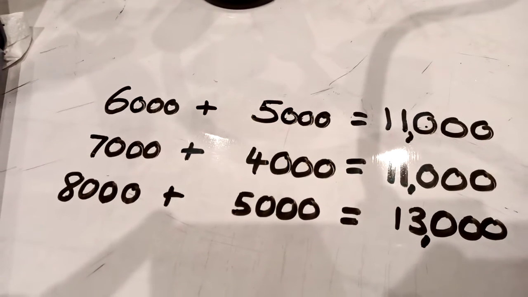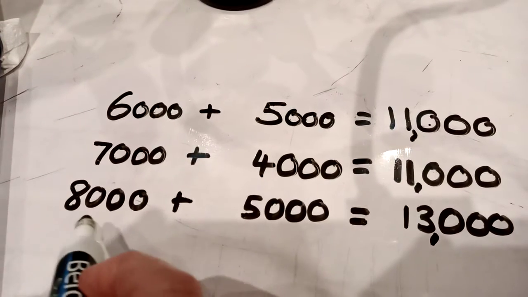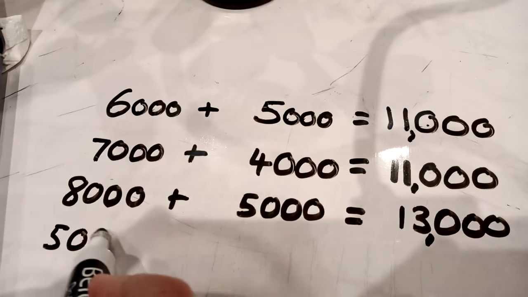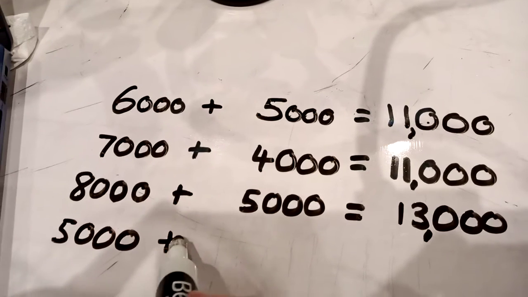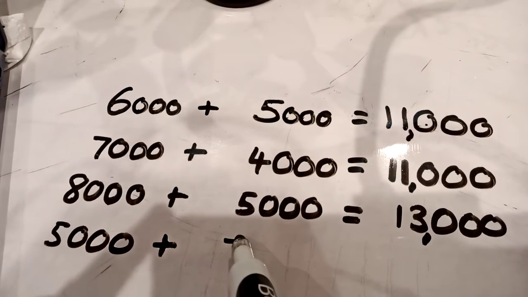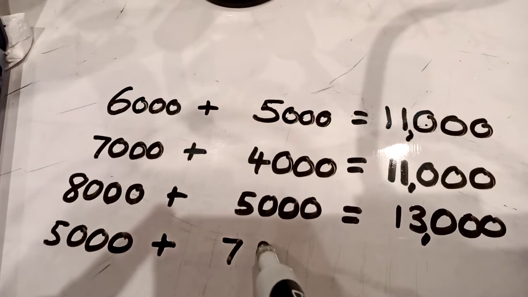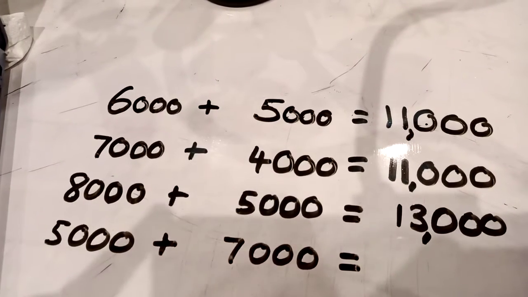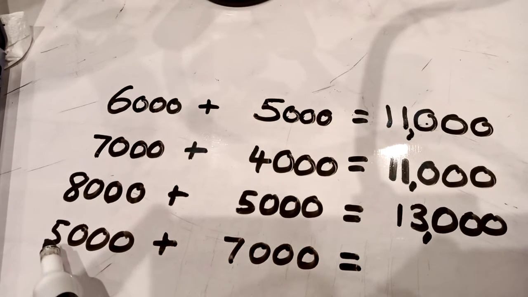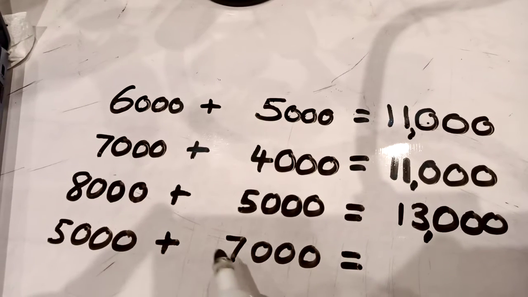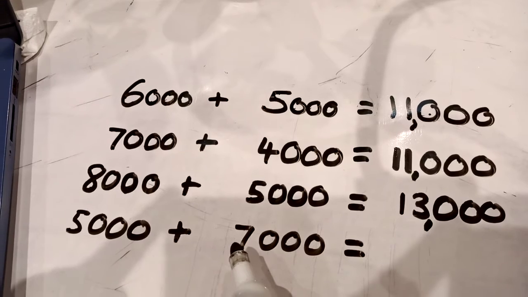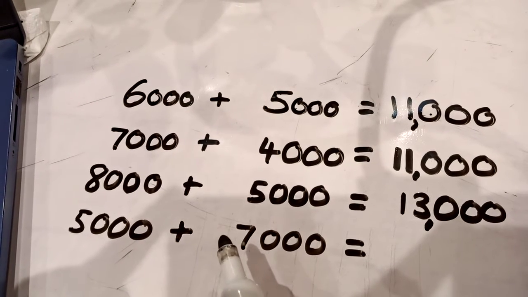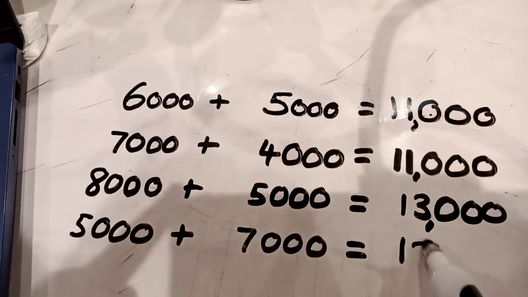Okay. Right. Let's go for the big numbers first. So this time I'm going to go for, what would 5,000 add 7,000 be? So 5,000 add 7,000. Let's see it as 5 add 7. 5 add 7 is 12.